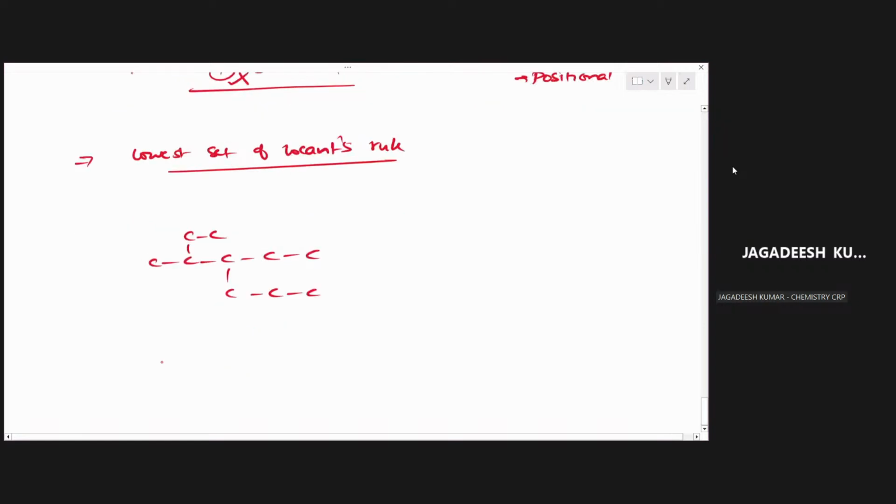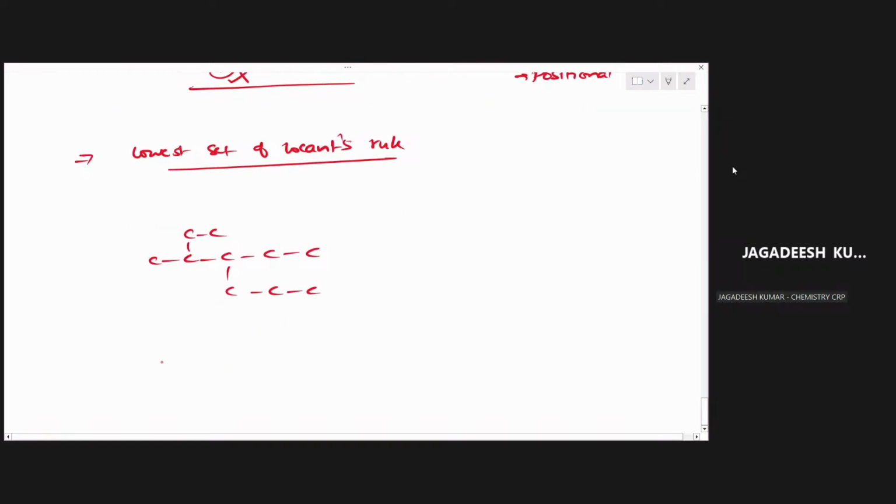So first of all, we have to select the longest chain. I am selecting this one because I already told you this example before. So this is the longest chain. Now we should give the numbering from top to bottom or bottom to top.